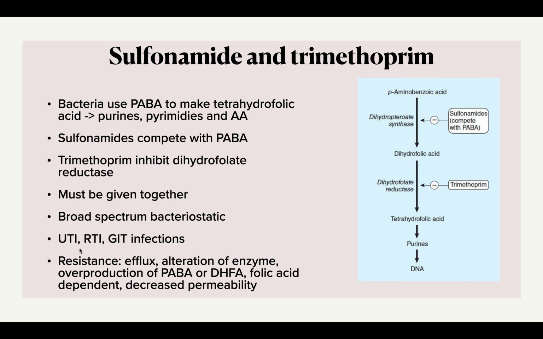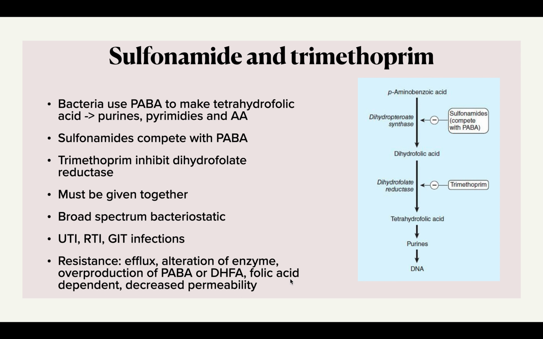and they are given to treat UTIs, RTIs, GIT infections, and the resistance mechanisms are going to be efflux, alteration of the enzyme, overproduction of either PABA or DHFA, folic acid dependency, or decreased permeability.